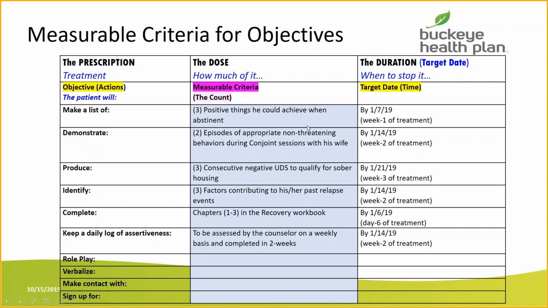How long do you think, you as the addiction treatment professional, how long do you think it will take your patient, our member, to complete this assignment that you've given them? And it involves a lot of factors, right?